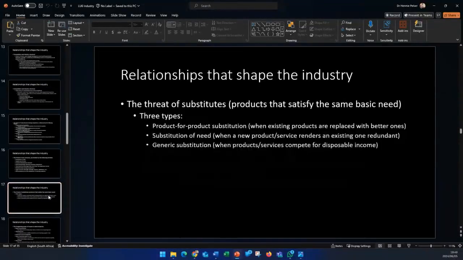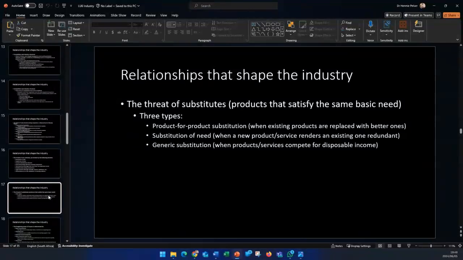The next one is threat of substitutes. In terms of product for product substitution, people sometimes confuse this with new or existing competitors.